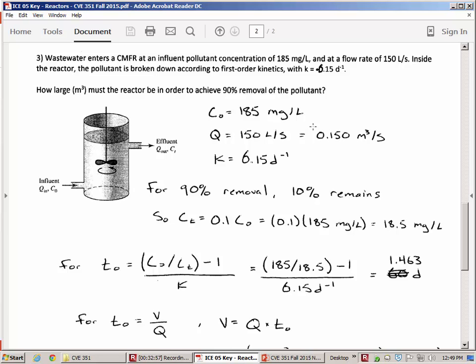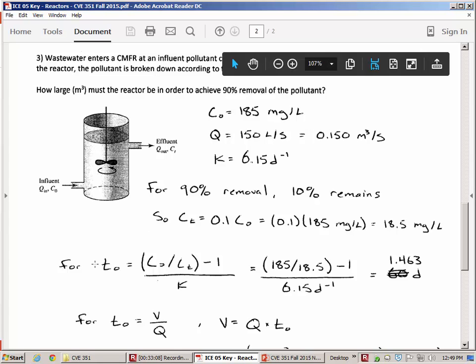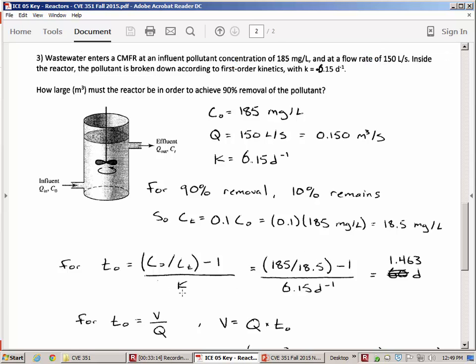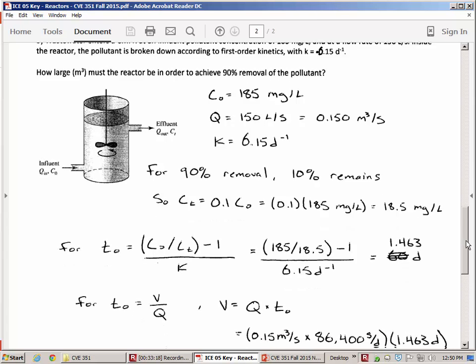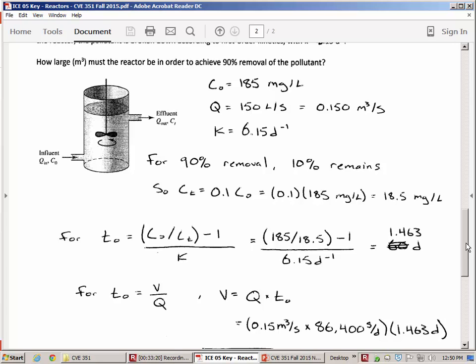So that's the effluent concentration. We're using the formulas for first order kinetics, completely mixed flow reactor. Here is the formula to solve for T naught: the ratio of the inflow and the effluent, minus 1, divided by K. So we find the time, 1.46 days, and then you can solve for the volume by knowing the flow rate.